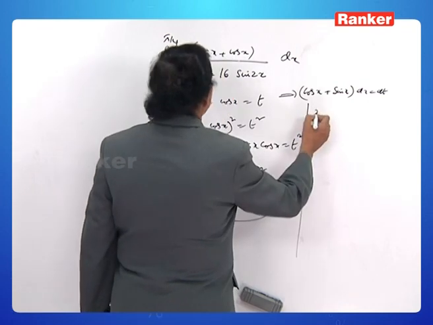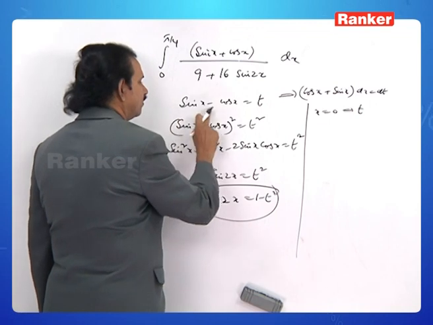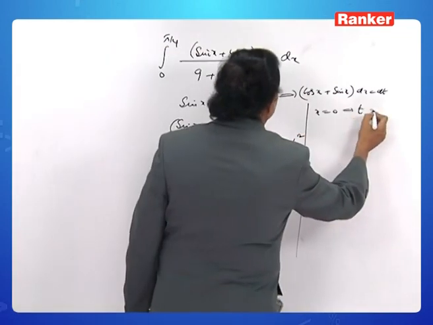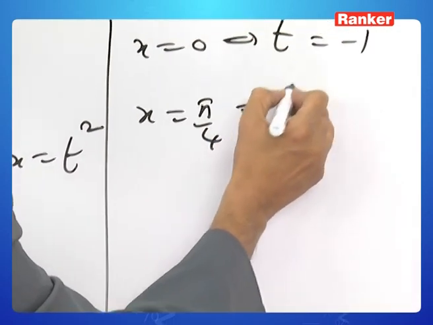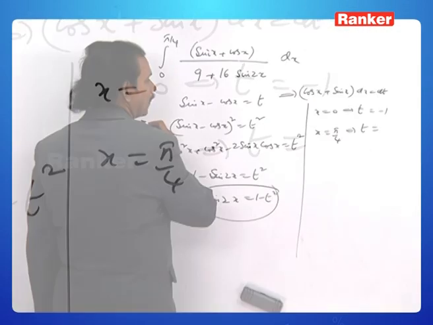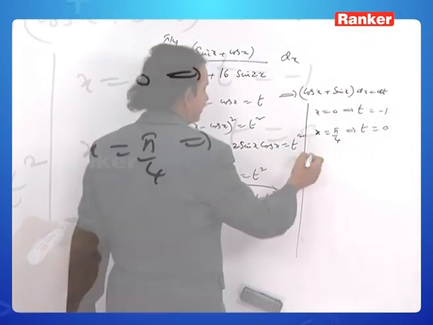Change of limits. If x happens to be 0, then what is t? Sin 0 is 0, cos 0 is 1, so minus 1. If x happens to be pi by 4, then what is t? T is equal to sin pi by 4 minus cos pi by 4, 0. Good. What is the fate of I?